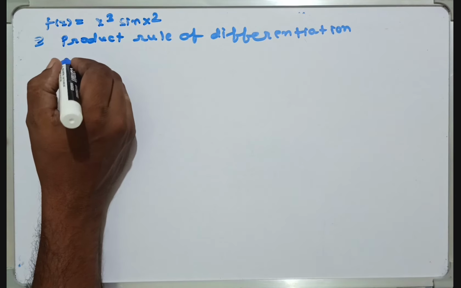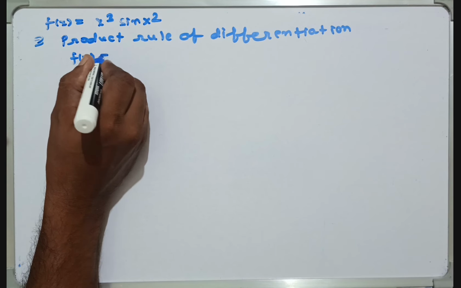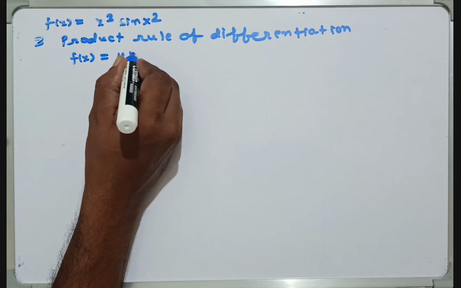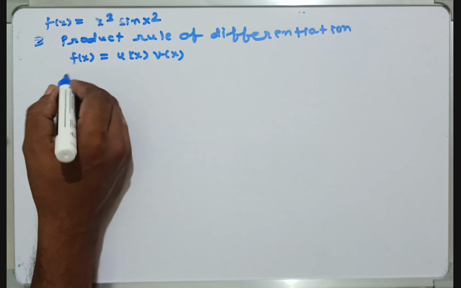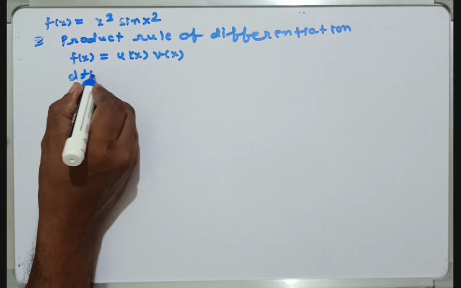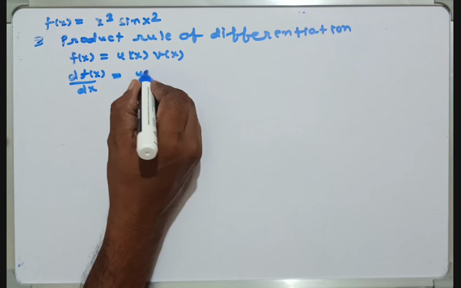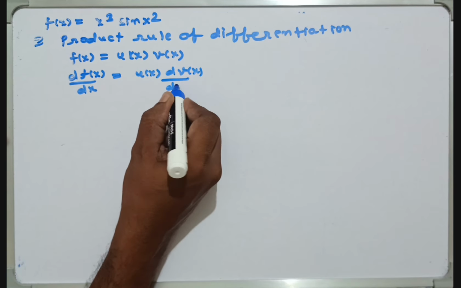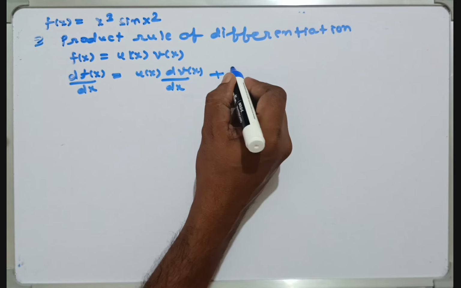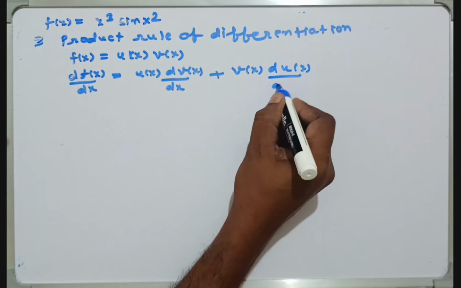This rule says, guys, suppose f(x) is a function which is a multiplication of two functions. Then df(x)/dx equals u(x) times d v(x)/dx plus v(x) times du(x)/dx.